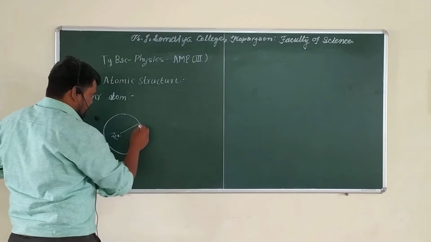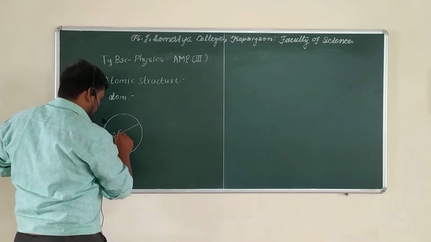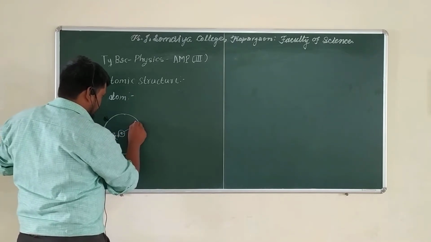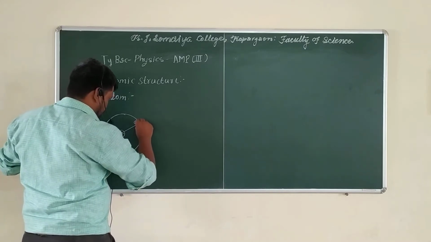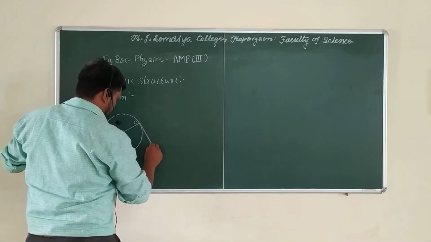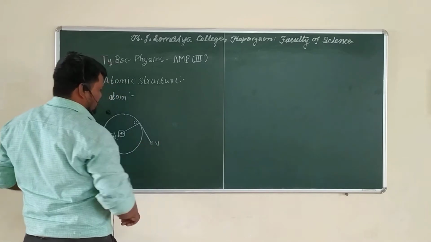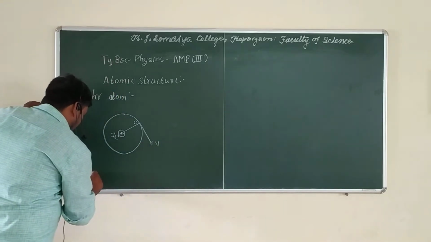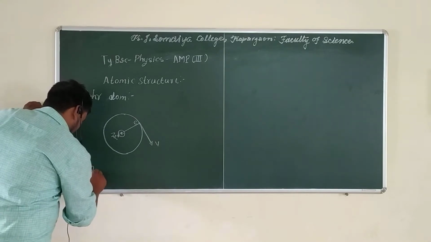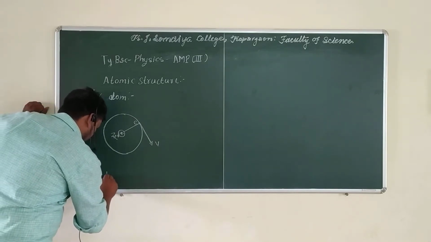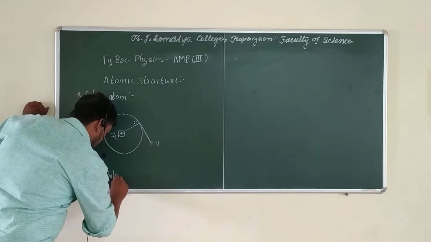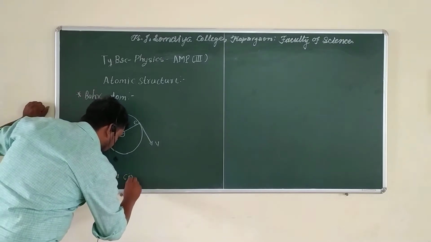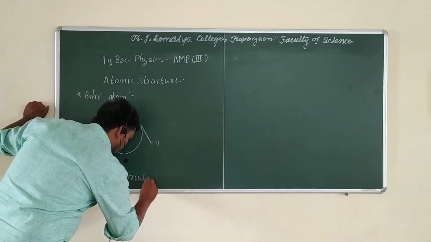In the outermost shell, the electron is here, with velocity in this direction. Consider the velocity v. This is the Bohr circular orbit figure.